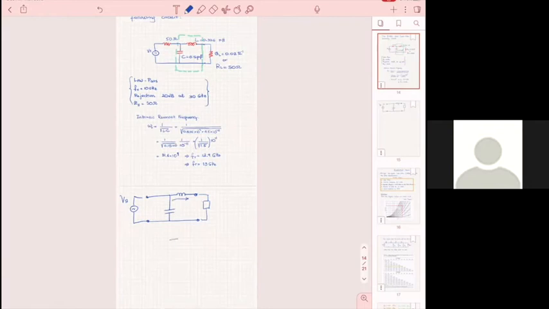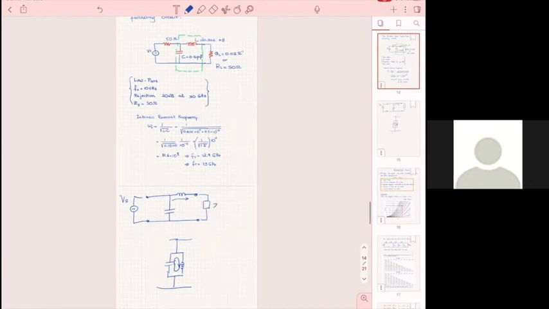If that were to be like this, practically, you will have an ideal resonator, and when you charge the capacitor, it goes through the inductor, from the inductor to the capacitor and so forth.